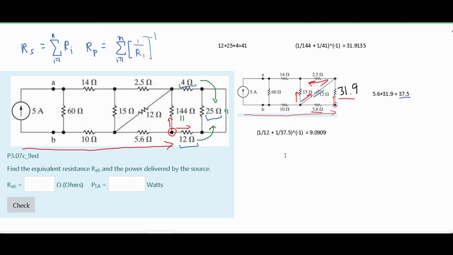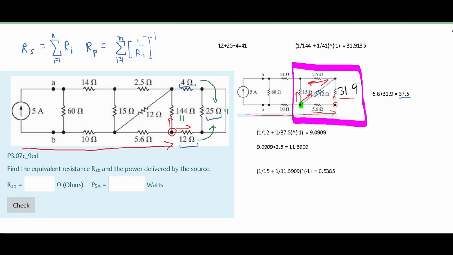So we're going to add to our 9.09, 2.5 ohms of resistance, and we get 11.59 ohms of resistance. This is going to be in parallel with our 15 ohm resistor, and that is because the current splits at this highlighted node right here. If we do this, we get 6.5385 as our resistance, and this is going to be the total resistance for this entire block right here.